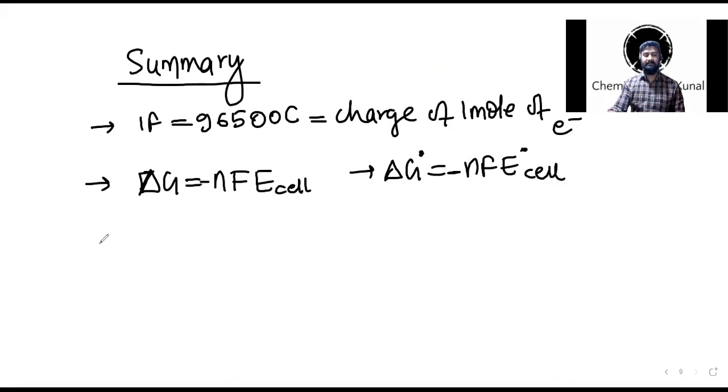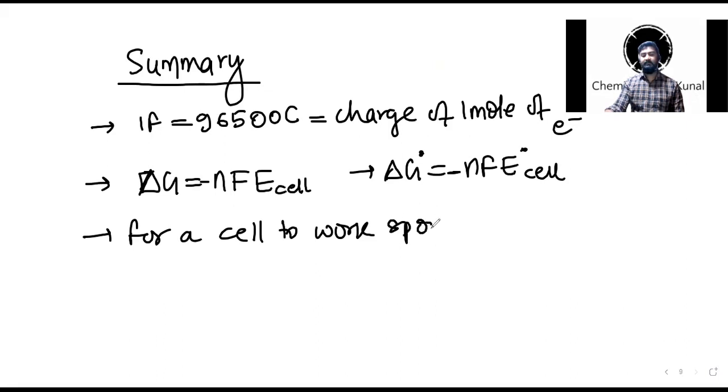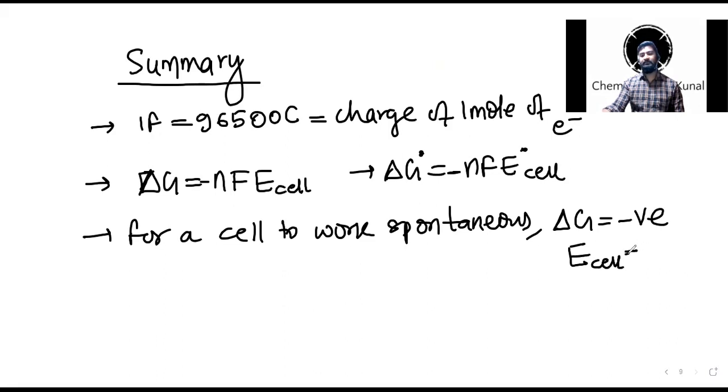And then we learned that for a cell to work spontaneously on its own, the criteria is delta G must be negative, which means E cell must be positive. Only then a particular cell will work.